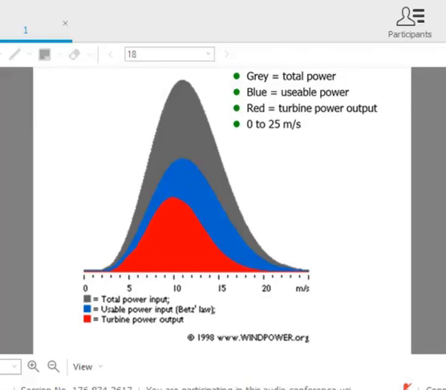So with respect to 10 meter per second, the power is 8 into 0.6, that means 4.8 megawatt power will be produced.